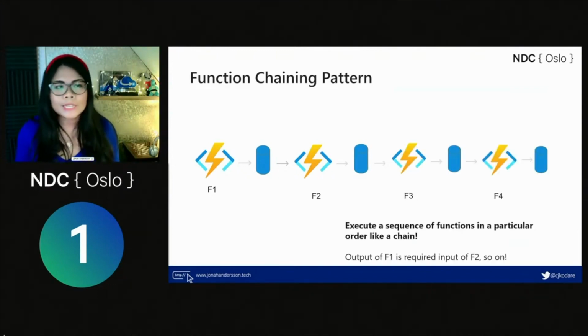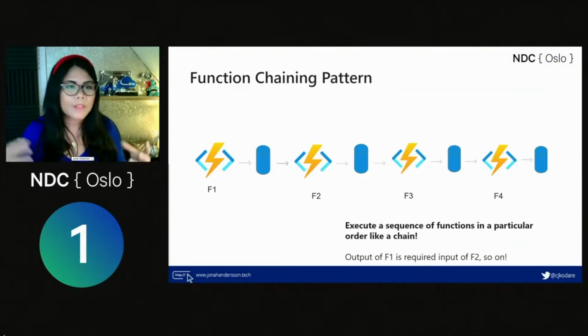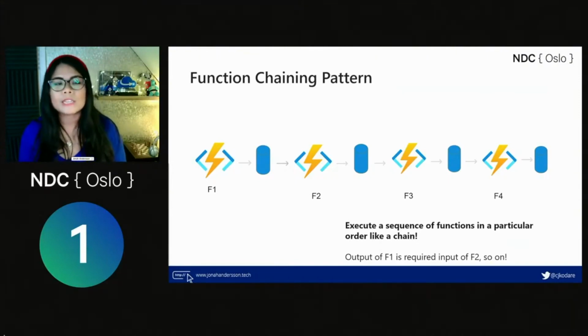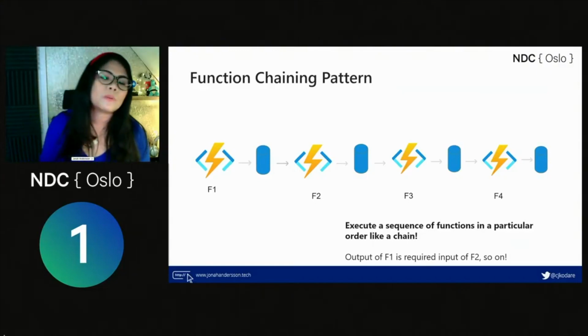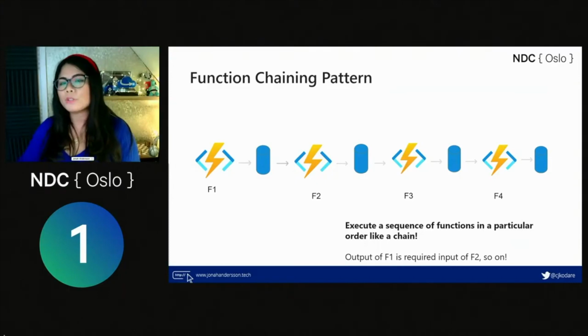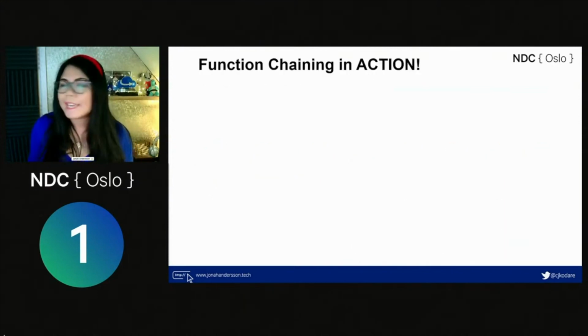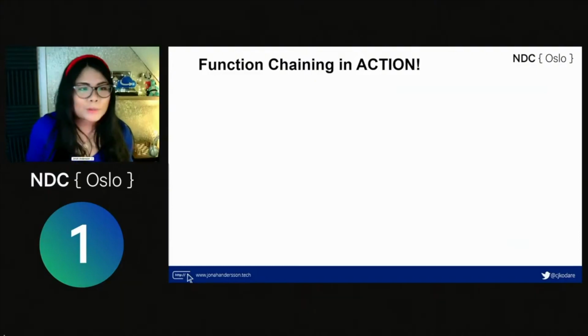So if you need to solve a problem that requires a sequence of actions that are stateful and long running, then function chaining is the ideal pattern to use. Basically, the output of function 1 is a required input of function 2, and so on and so forth, depending on how long your chain is. So function chaining in action looks like this behind the scenes.